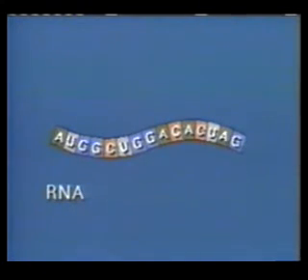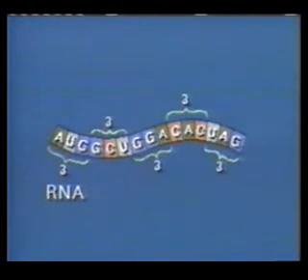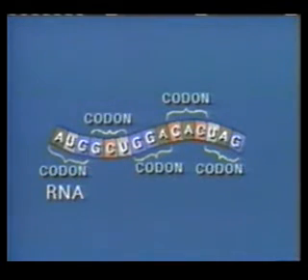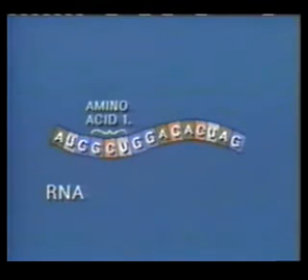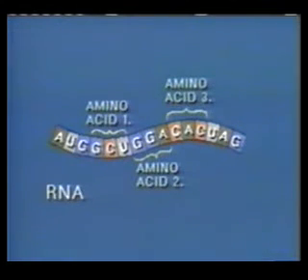Once the genetic code has been transcribed to RNA, it seems that the code is read from the messenger RNA 3 nucleotides at a time. Each triplet of nucleotides is called a codon. Then each codon codes for one of the 20 amino acids.